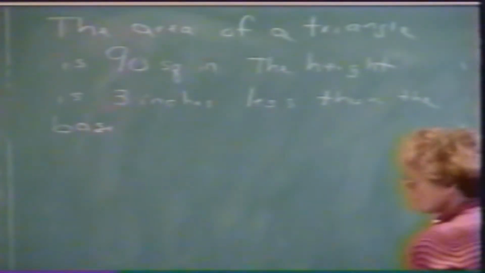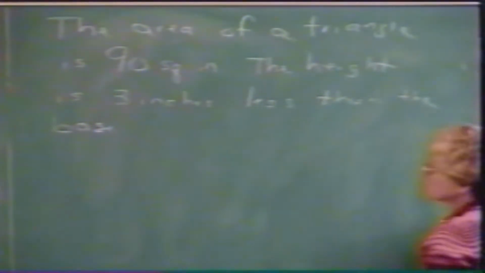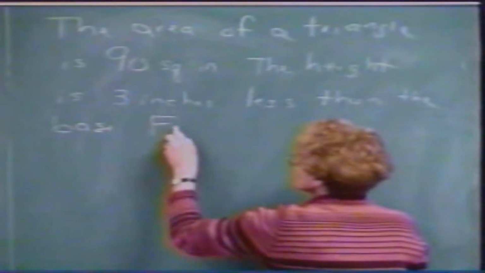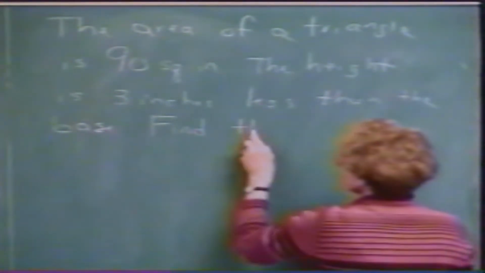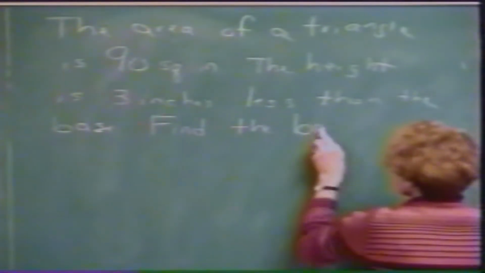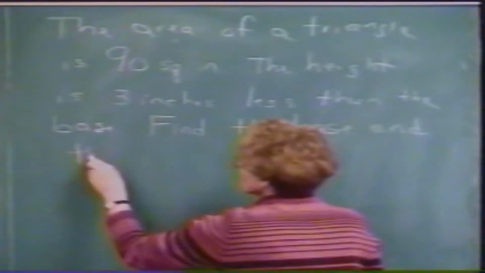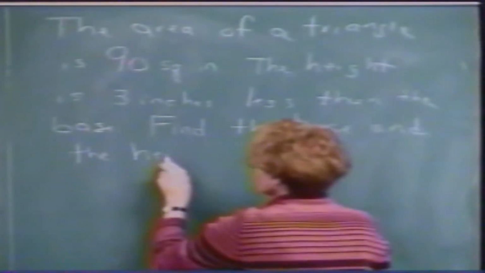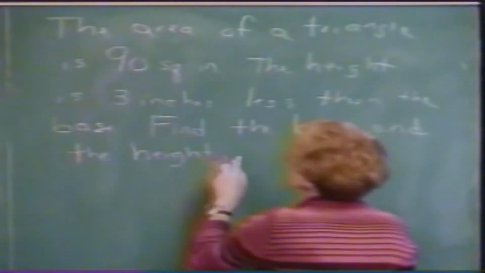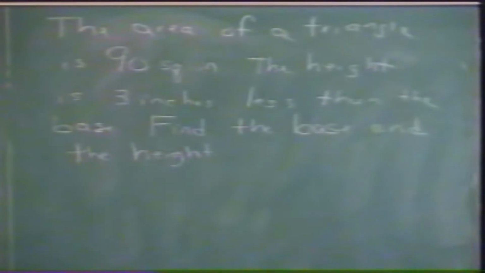And we want to find the base and the height. The area of a triangle is 90 square inches. The height is 3 inches less than the base. Find the base and the height.